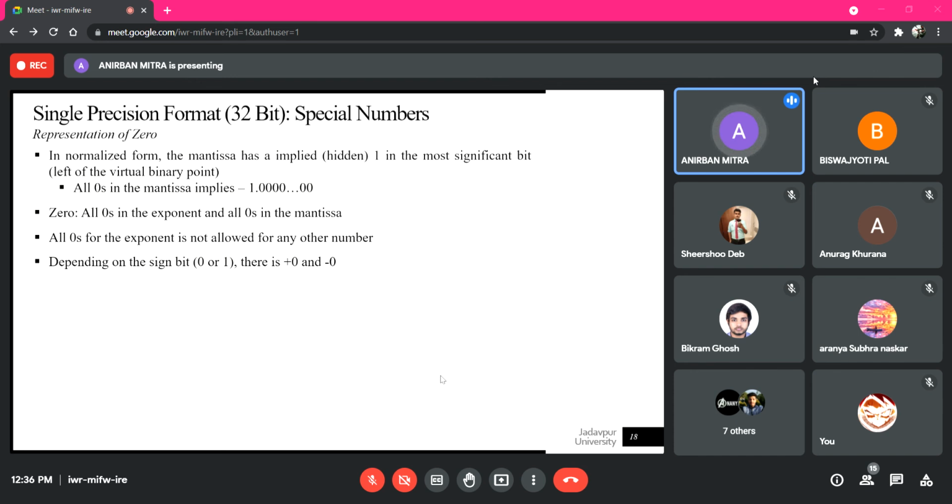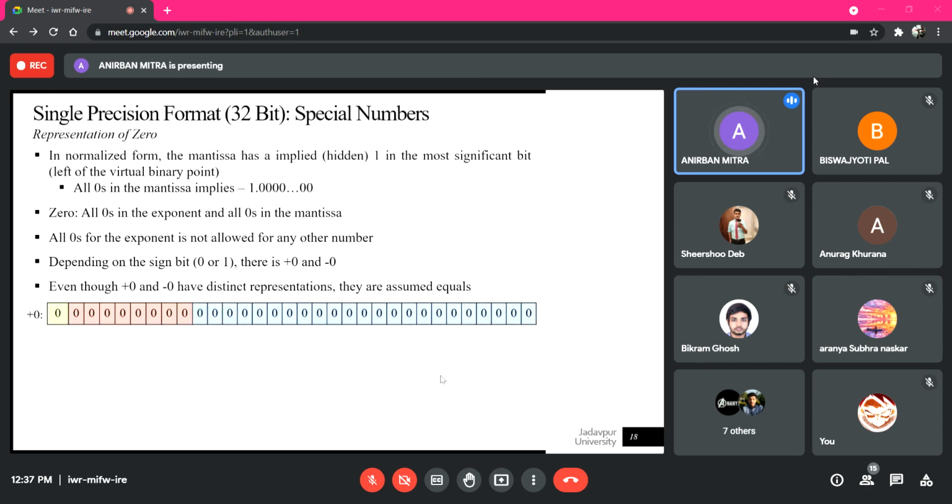Now here again comes the problem of positive 0 and negative 0. Depending on the sign bit, whether it's 0 or 1, we have two different representations of 0, positive 0 and negative 0. Although they have distinct representations, they are assumed to be equal, and it is considered that there is no difference between them.